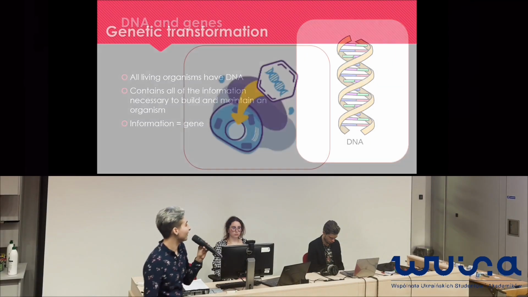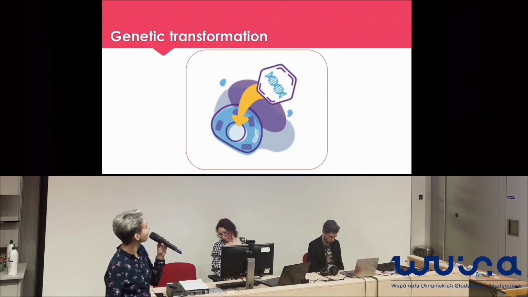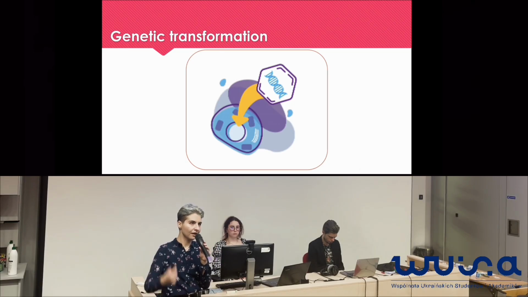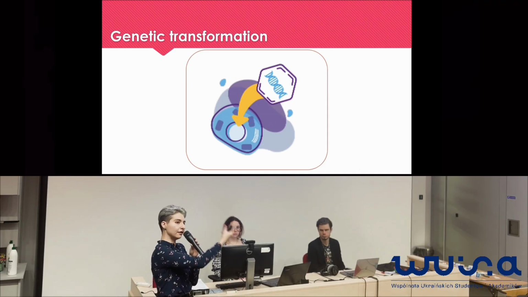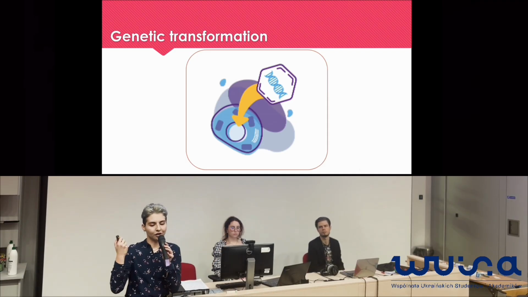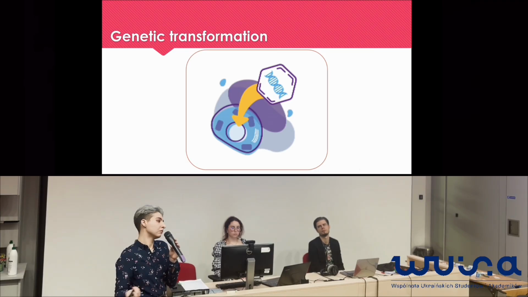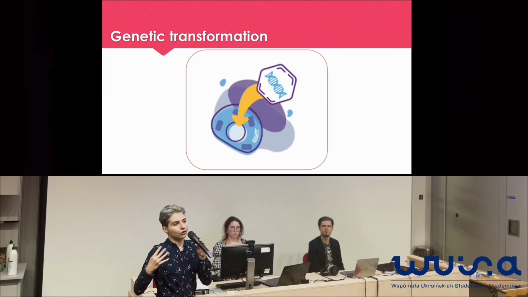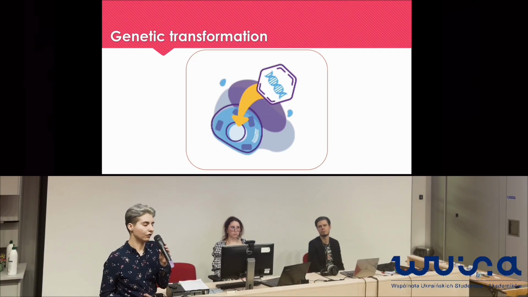And there comes another process biotechnologists really like to use, called genetic transformation. This is a process of taking a gene from one organism and putting it into a different one so it can get the protein, function, or trait of the other organism. This is not only a laboratory technique, but it also happens in nature all the time.